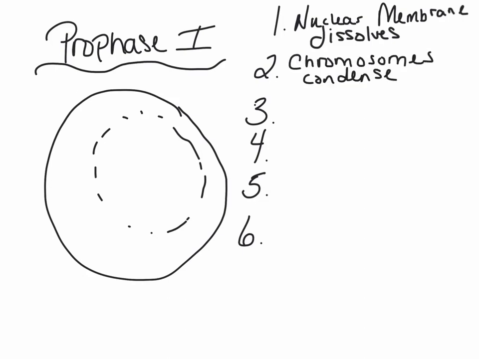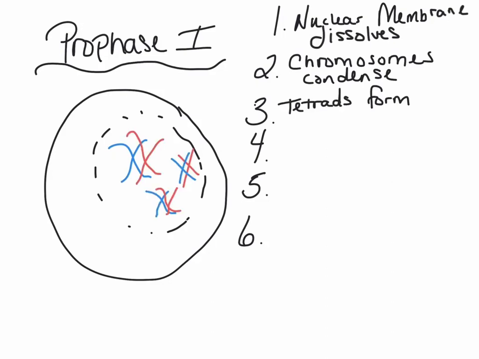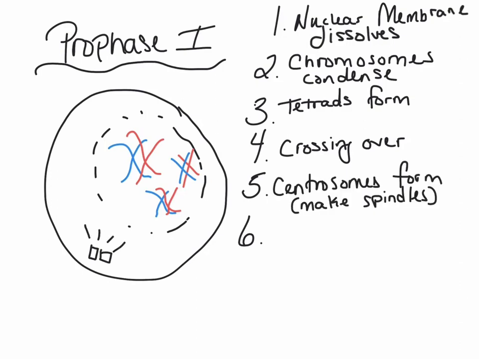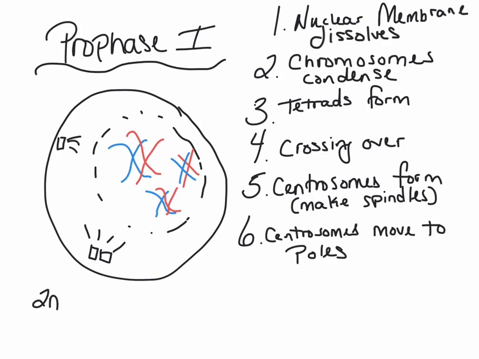The chromosomes will be condensing and forming tetrads as they go. Crossing over will also happen during prophase I. As all of this goes on in the nucleus, our centrosomes will be forming and the centrosomes will be moving towards the poles of the cell. We can see at this stage that the cell is still diploid.